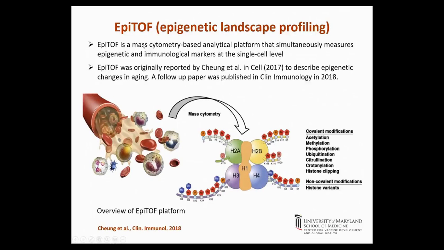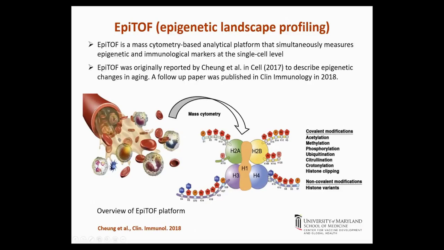And the advantage is that it's a mass cytometry-based analytical platform that simultaneously measures epigenetics and immunological markers at the single cell level. And this is based on the availability of monoclonal antibodies that can study many of the epigenetic modifications, including acetylation, methylation, phosphorylation, etc., as well as non-covalent modifications, including histone variants.